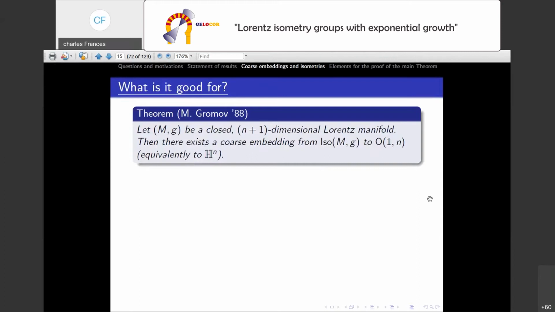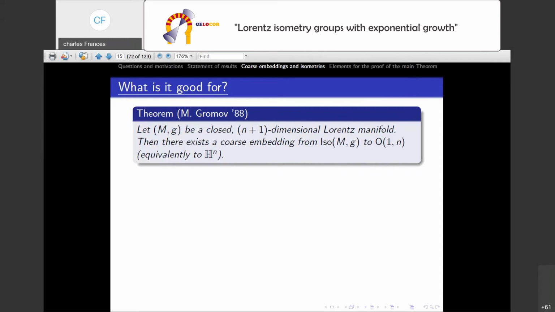And because coarse geometry does not detect compact objects, and because H^n is a compact quotient of O(1,n), it's the same thing to say that the isometry group coarsely embeds into the real hyperbolic space H^n.